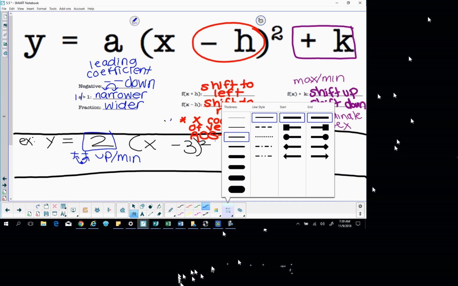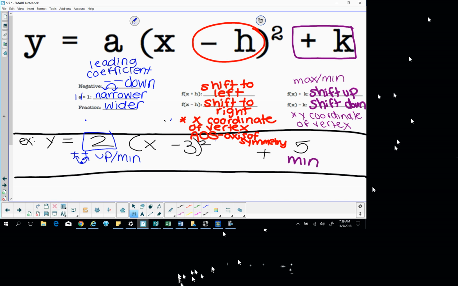And since it's a number that's not a fraction, is the function going to get narrower or wider? Narrower, I know, it's a weird word. Because it's a whole number, it would be narrower. If it was a fraction, it would be wider.